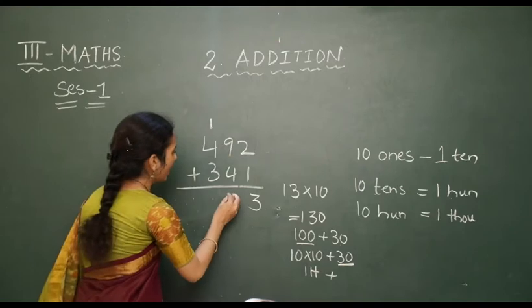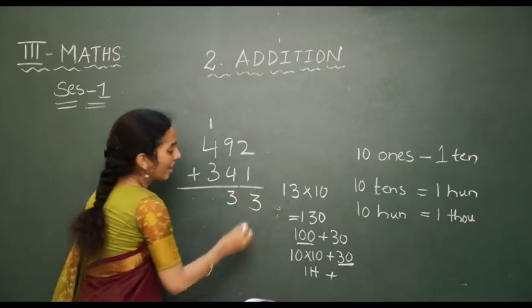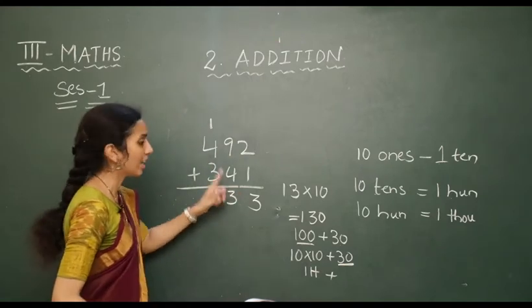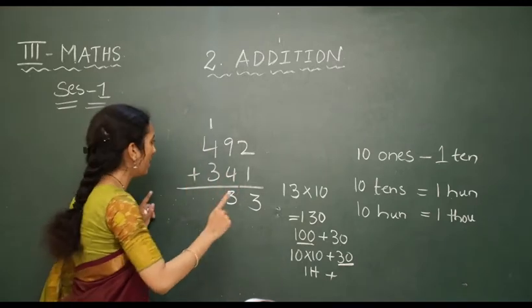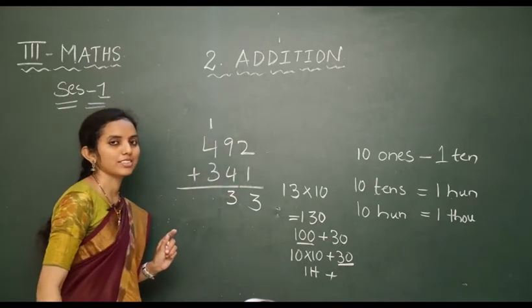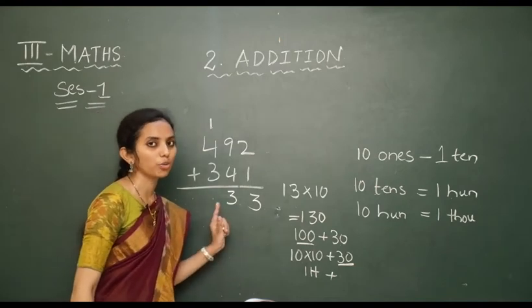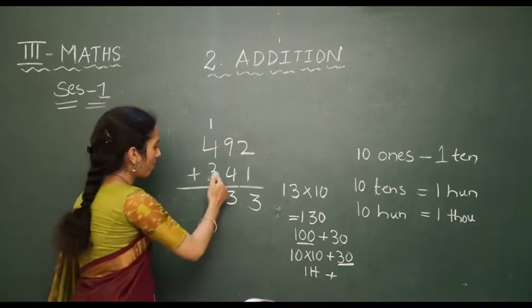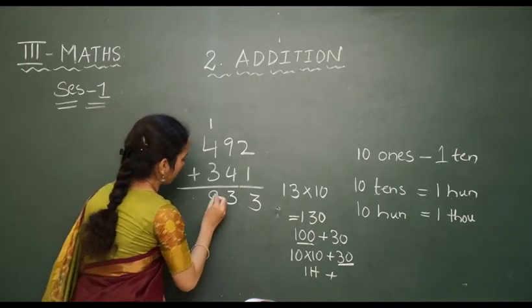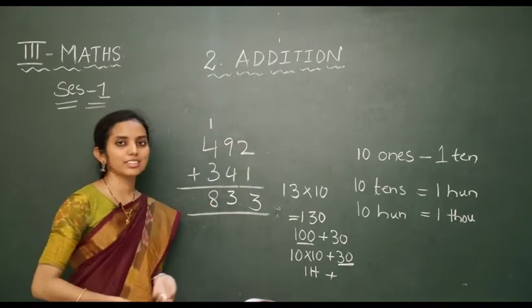So, here we write 3 in tens place and carry 1, that is 10 tens is 100. So, we carry 1 to the hundreds place. This is called regrouping of the numbers, and 4 plus 1 is 5, 5 plus 3 is 8. So, what is the desired answer?